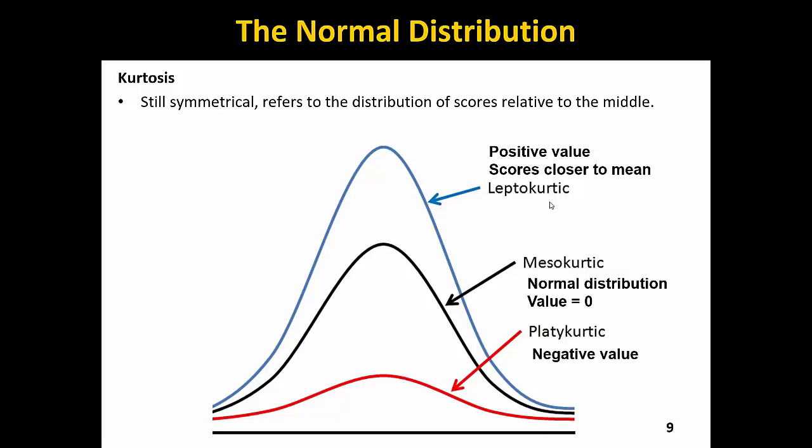The platykurtic distribution is one that takes on a negative value, and we see here that it has a flatter appearance, and in this type of distribution, scores appear much further from the mean.